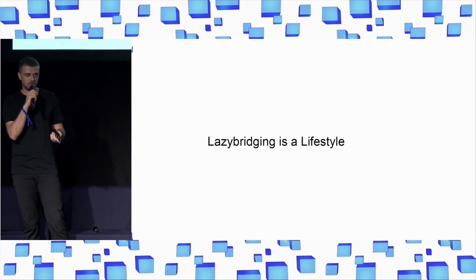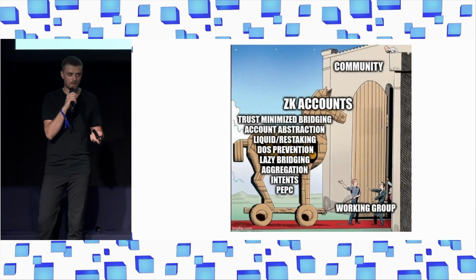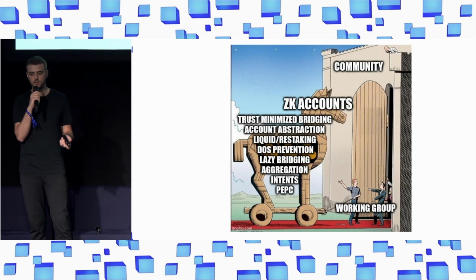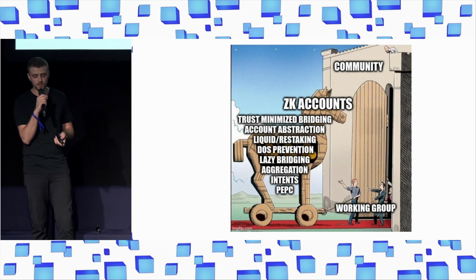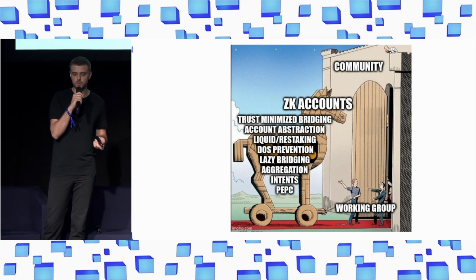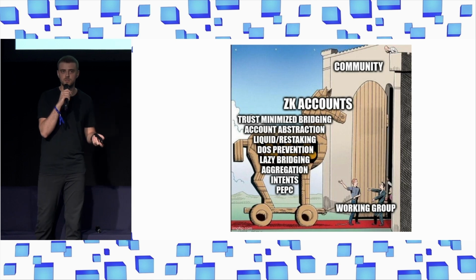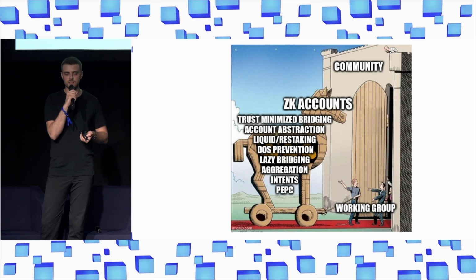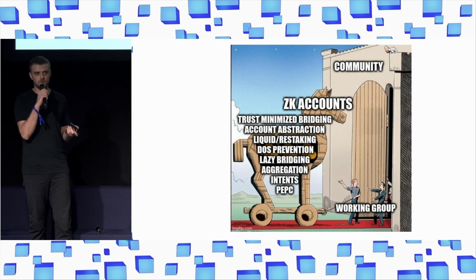And this is where I want to take a step back, where we as a community in the working group are proposing this ZK account primitive, and it is a very small primitive, right? This is a small change. It does not increase state bloat.